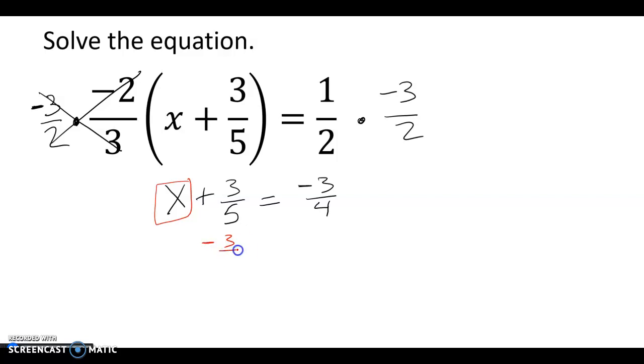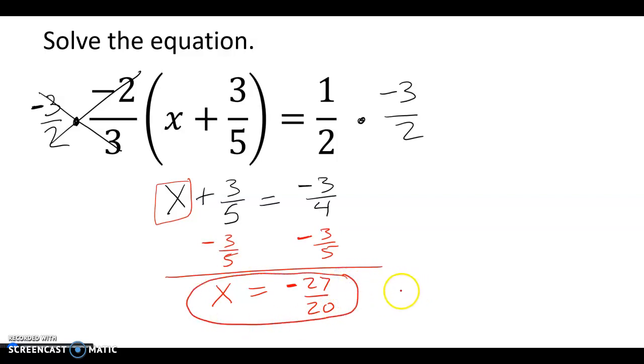So I go minus 3/5, minus 3/5. In the calculator, if you go negative 3/4 minus 3/5, you should get negative 27 over 20. You could also have negative 1 and 7 over 20. So that one had some fractions, but you have a calculator that does that.